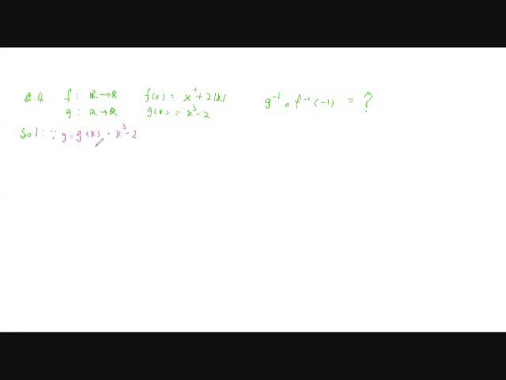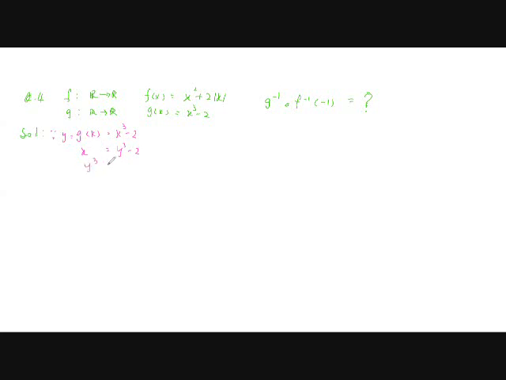So you change y to x, and x to y. Then x becomes y cubed minus 2. Then solve for y, because when you get y, that is the inverse function of g of x.